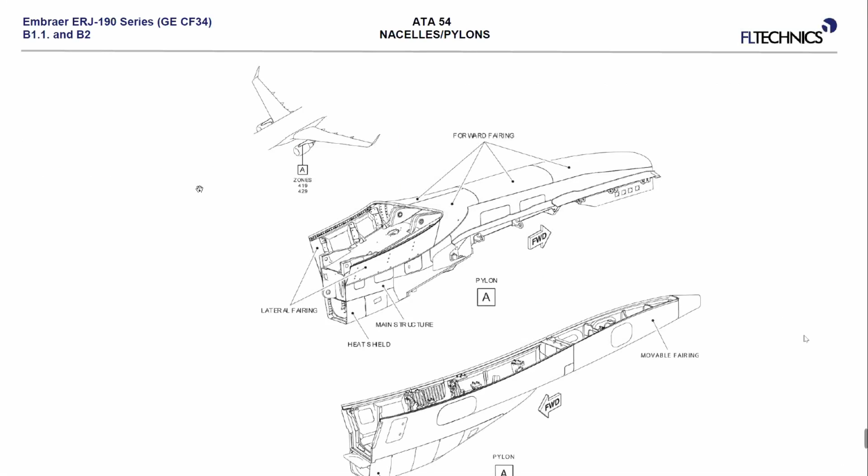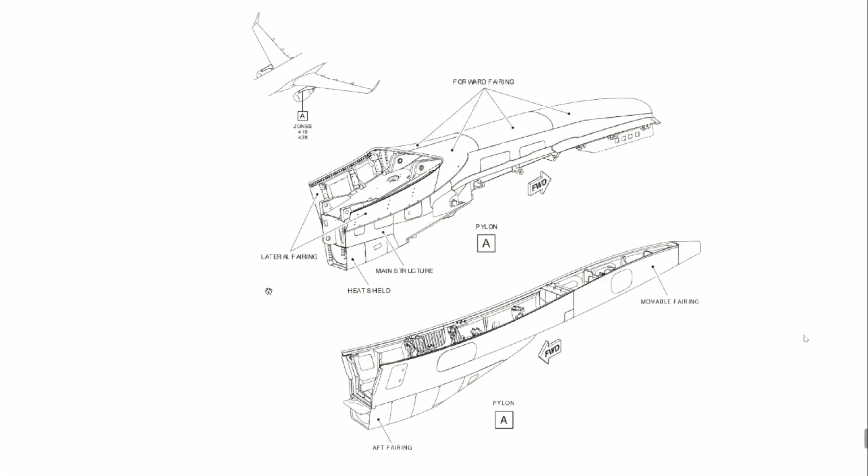The fairings provide aerodynamic smoothness, so the airflow which is passing around the pylon will go smoothly to the wing. The fairings that we have are forward fairings here, and lateral fairings on the side.